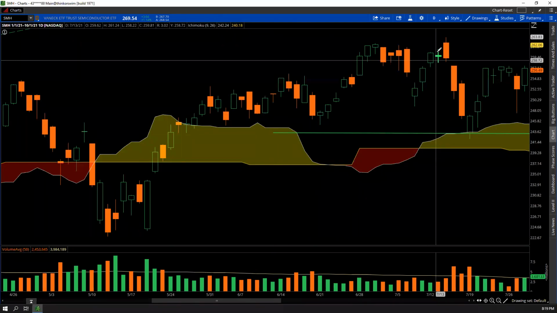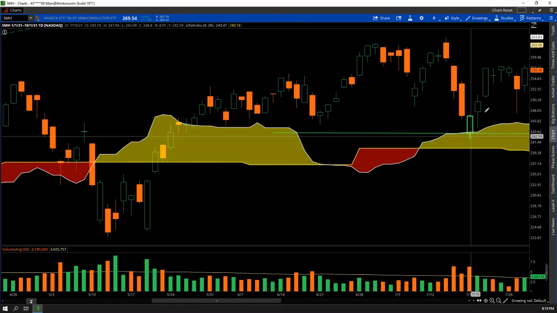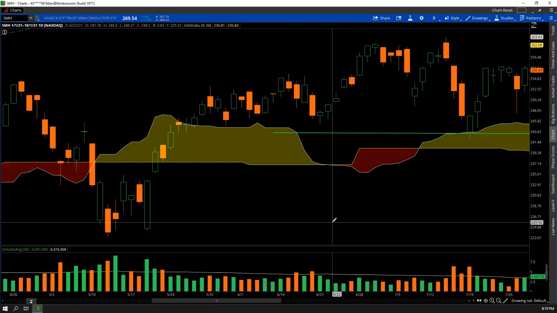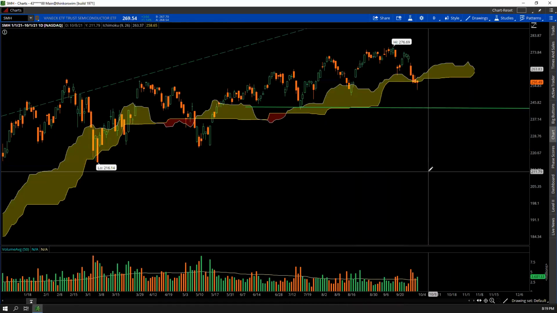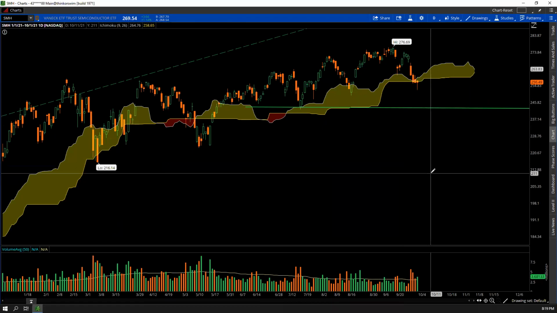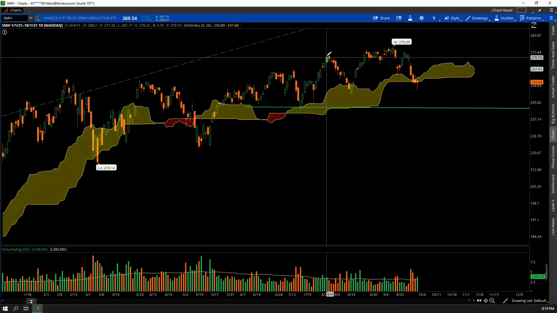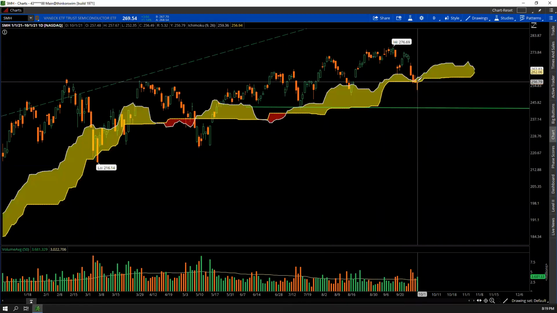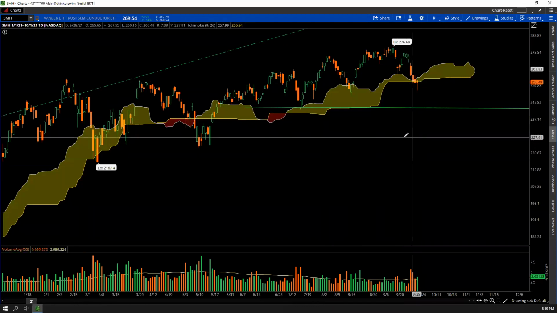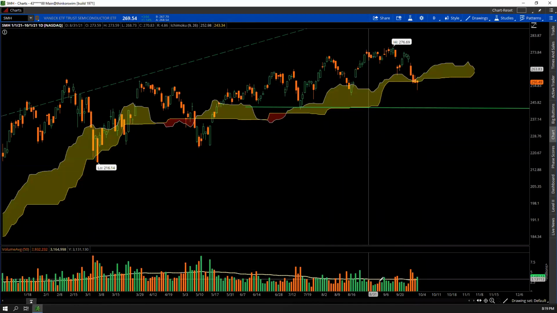So when it came back into the future, it acted as support and bounced hard. Okay, so that is how judiciously technical analysis charts respect the cloud. Next it came to the cloud and bounced, right? So here also it's trying to stay above the cloud.